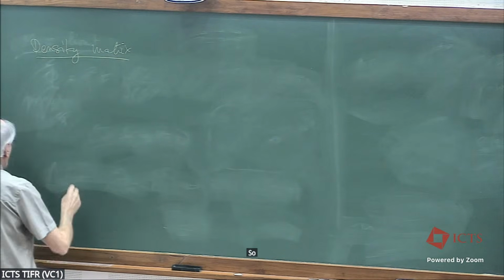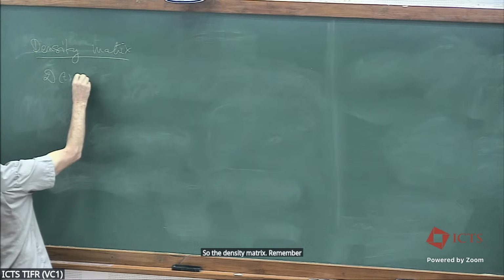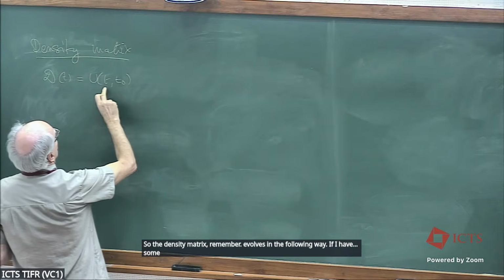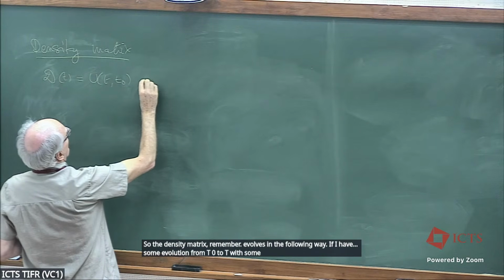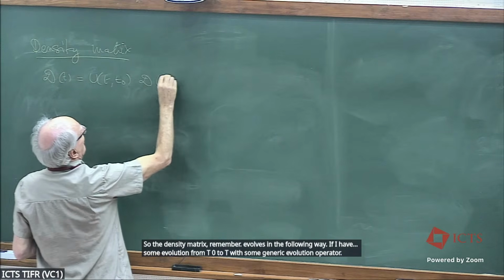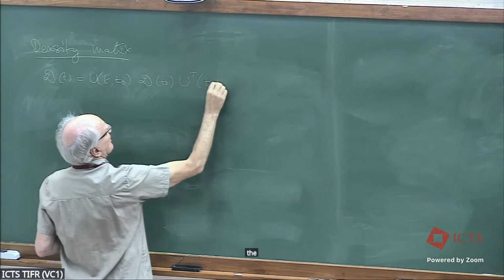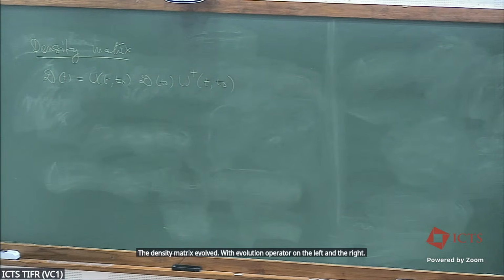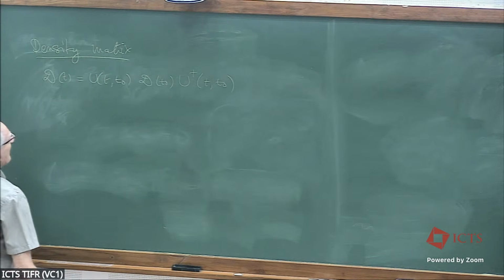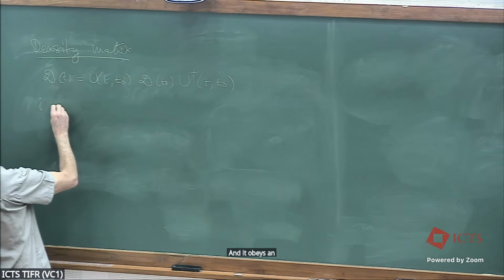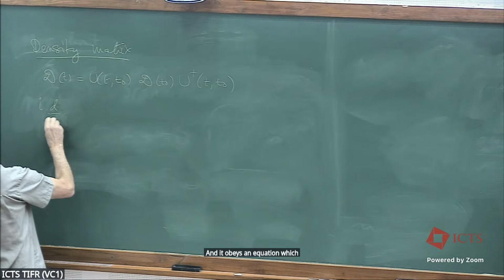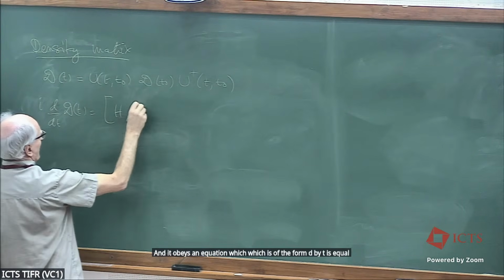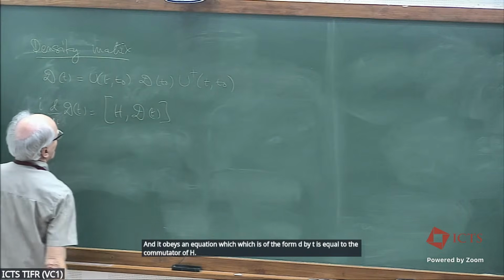So the density matrix, remember, evolves in the following way. If I have some evolution from T0 to T with some generic evolution operator, the density matrix evolves with the evolution operator on the left and the right. And it obeys an equation which is of the form i d/dt D(t) is equal to the commutator of H with D(t).